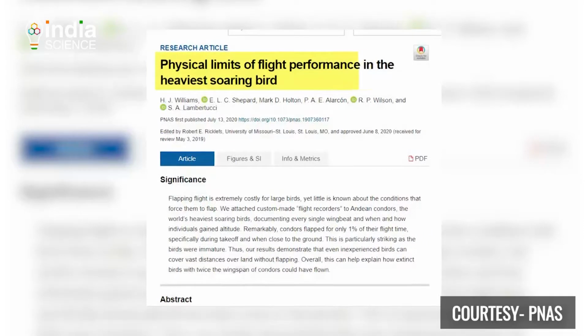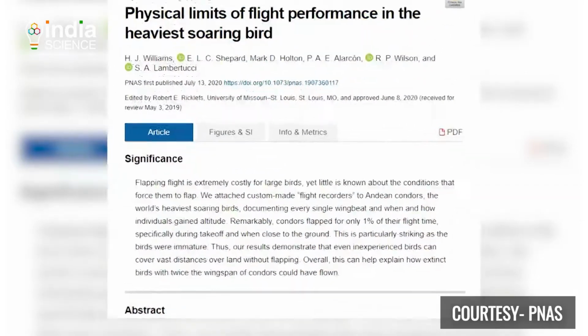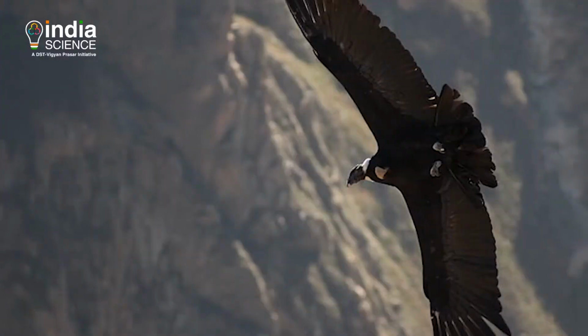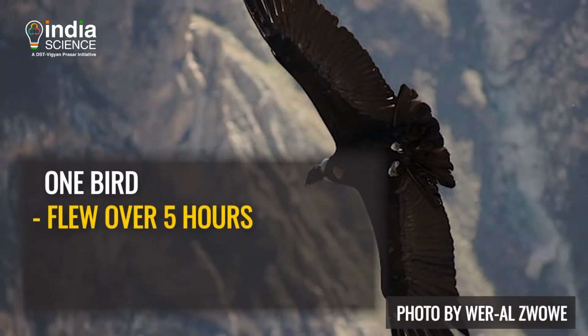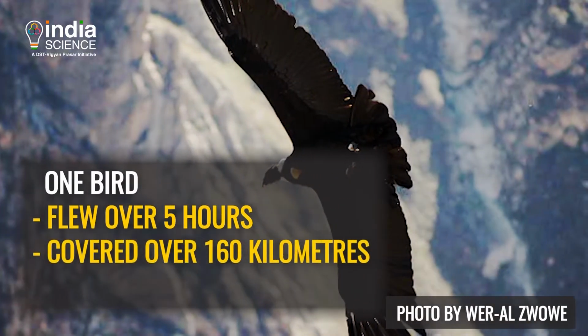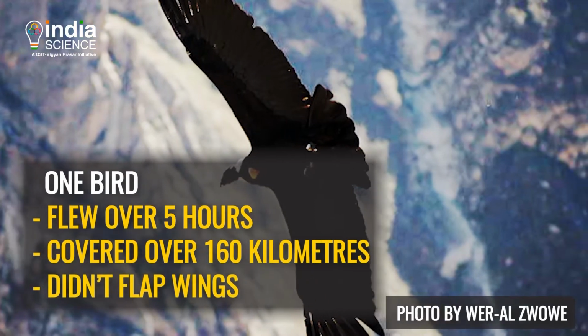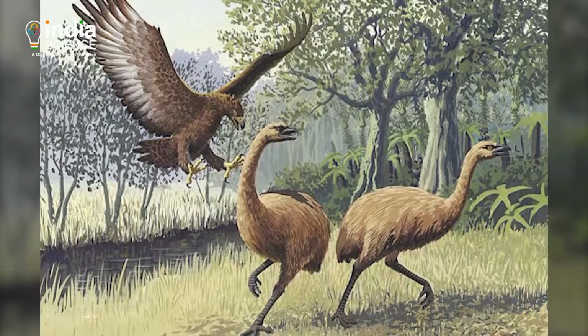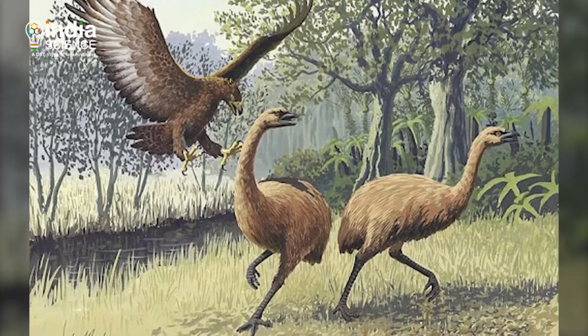On 13th of July, a research was published which says that these birds spent just 1% of their time aloft flapping their wings, mostly during takeoff. One bird flew more than 5 hours, covering more than 160 kilometers without flapping its wings. The study can explain how extinct birds with twice the wingspan of condors could have flown.